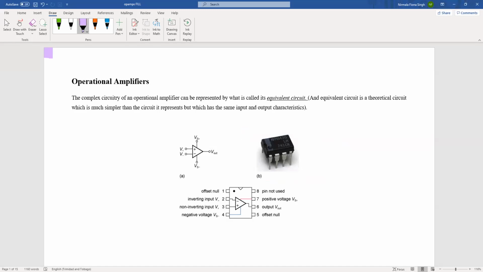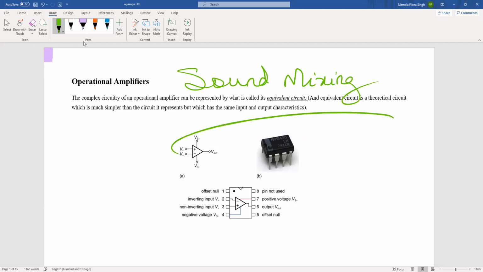They're very important little components, and basically it's a device used to not only amplify a signal, it's also used to join signals together and amplify them. The best example of that is a sound mixing board, what they use for concerts and all of those things.